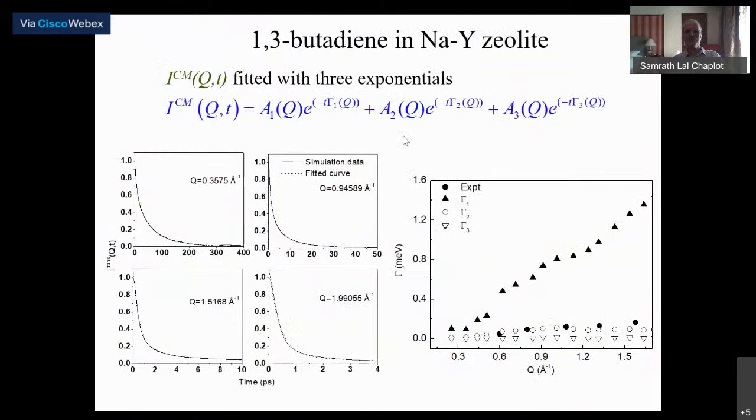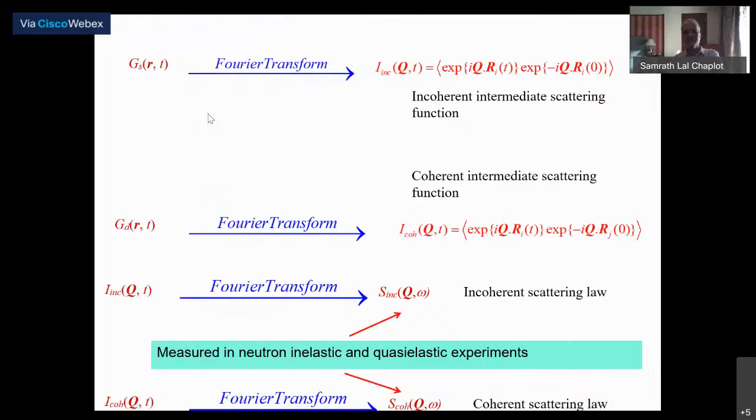And what one finds is that, because of the variety of dynamics possible, this is the correlation function in which one Fourier transform has already been done. So it's the intermediate scattering function, the incoherent single particle intermediate scattering function, one Fourier transform from the self part of the position time correlation function.